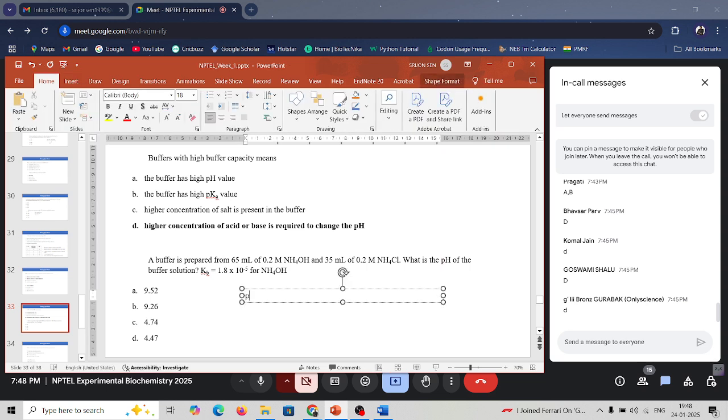So your pOH will be 4.48, and let me write x as well. So x will be equal to 3.3 into 10 to the power minus 5.